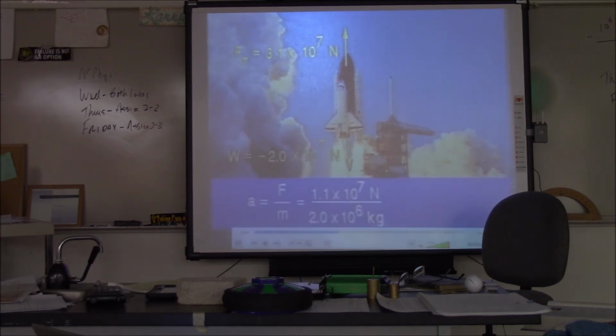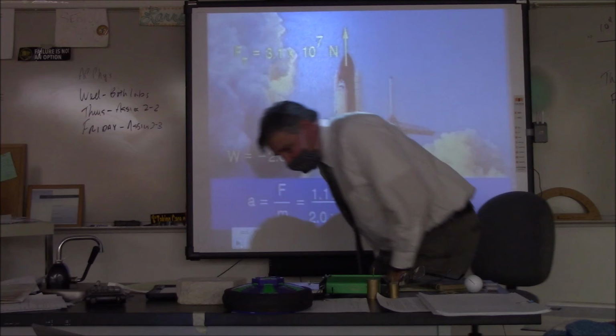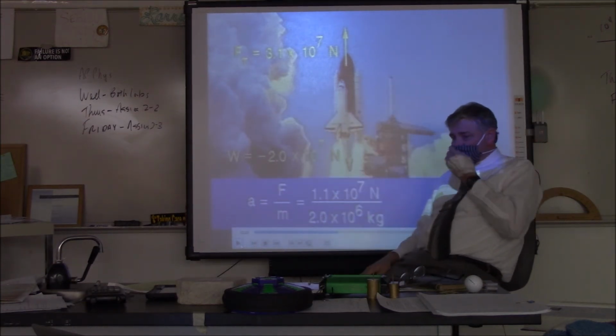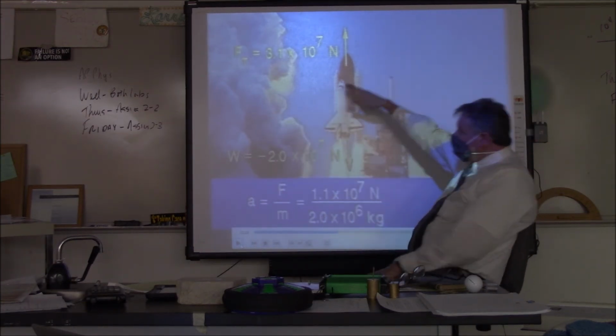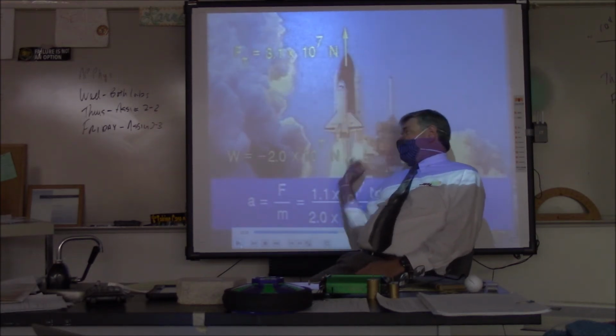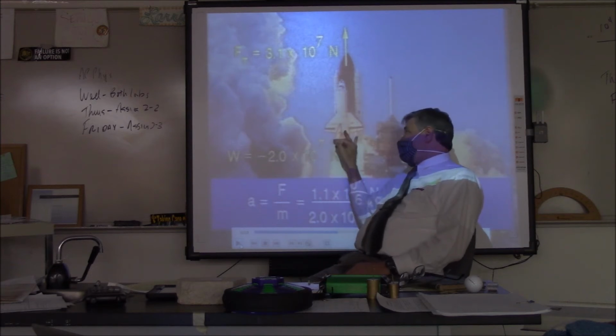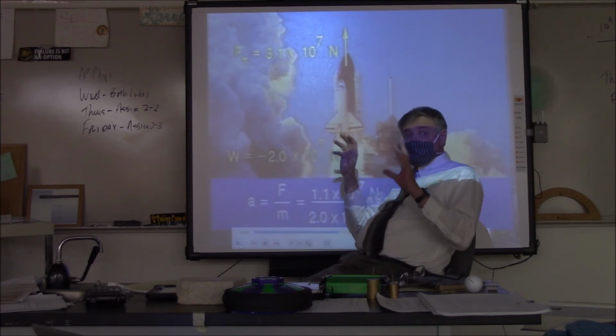With a net force of 11 million newtons, here's the heart and soul of this. This is the absolute heart and soul of what you have to understand. You have an applied force of 3.1 times 10 to the 7th newtons. That's the total upward force between these two solid rocket boosters and these three engines right here. So that's your total upward force.